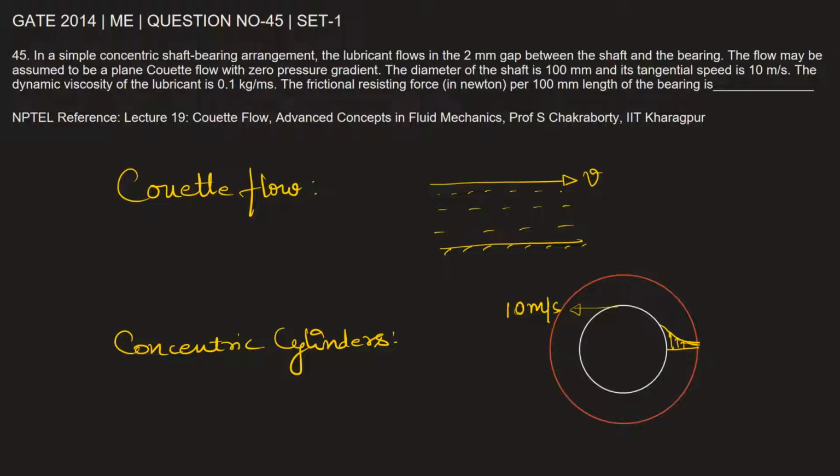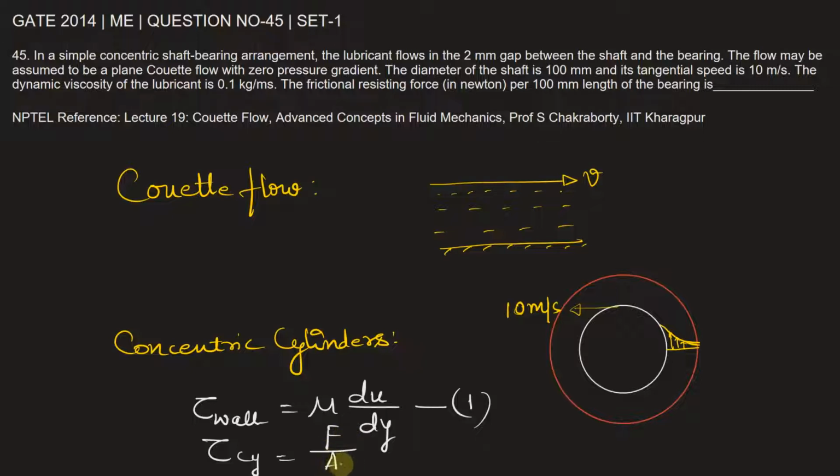Now the shear stress in the shaft due to rotation is given by, let's write tau wall is equal to mu du by dy, let it be equation number 1, and shear stress in the cylinder will be equal to shear force divided by the surface area.